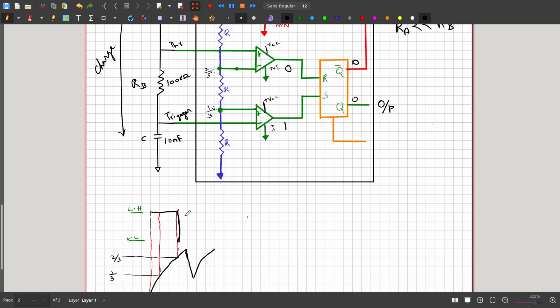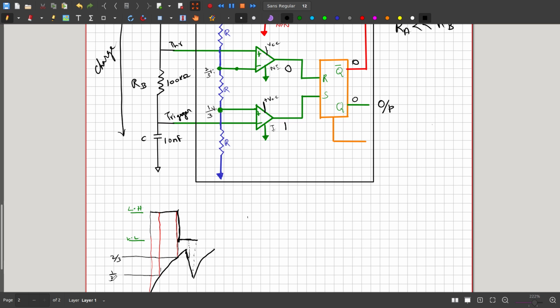Whenever this becomes this, the capacitor will be in the low state, and remains in the low state till this point.